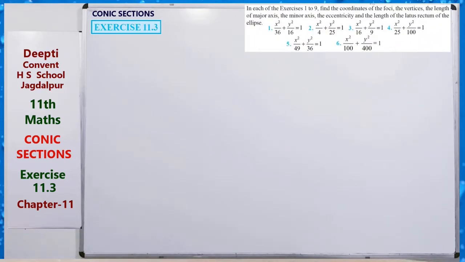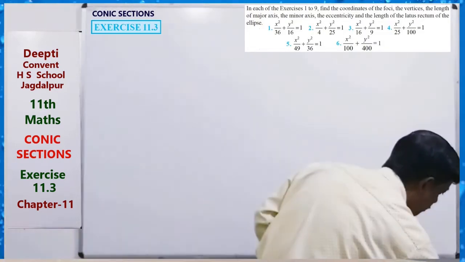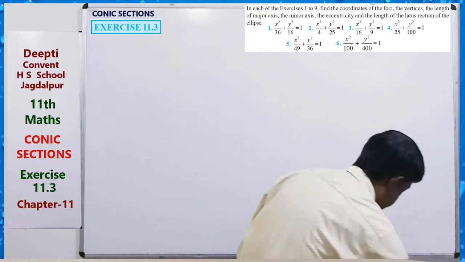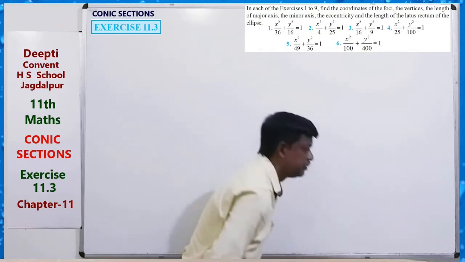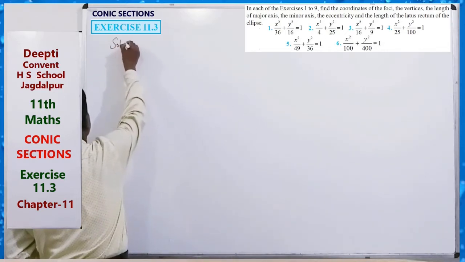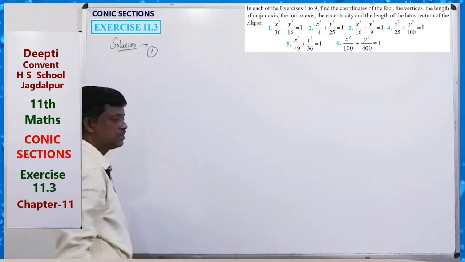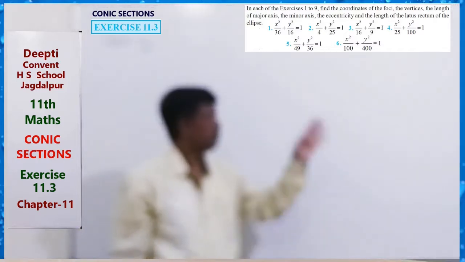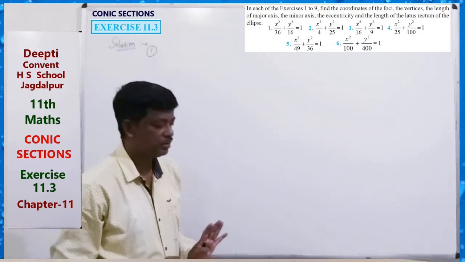Solution 1. Because there are questions 1 to 9, all are equation of ellipse.